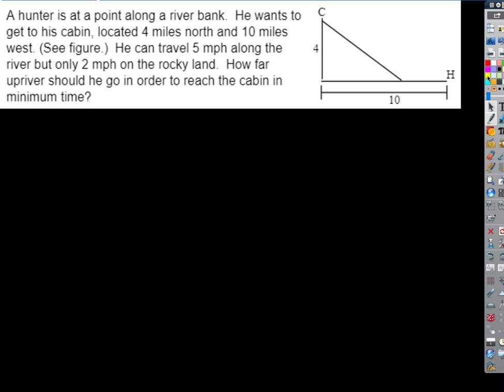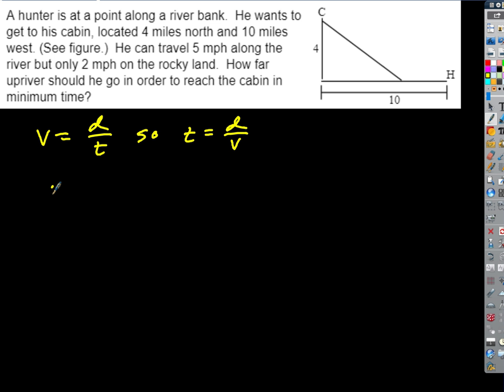Well, here's kind of the hint I'll give you on this one. Velocity equals distance over time. So if we solve that for t, t is just going to equal distance divided by speed, or velocity, right? So you could break this into parts.